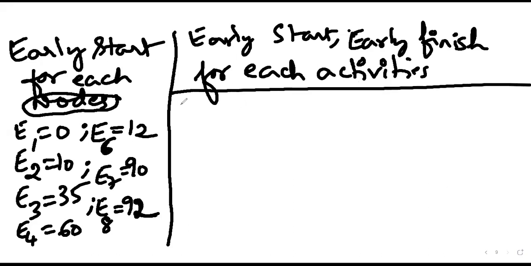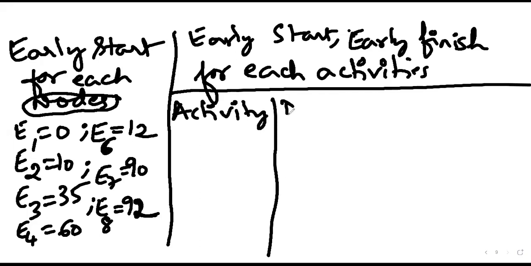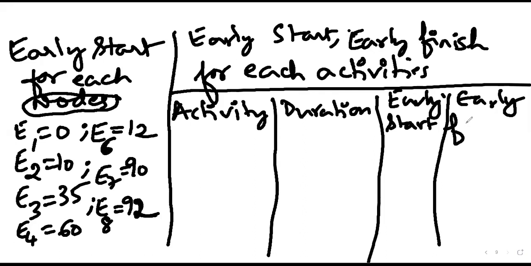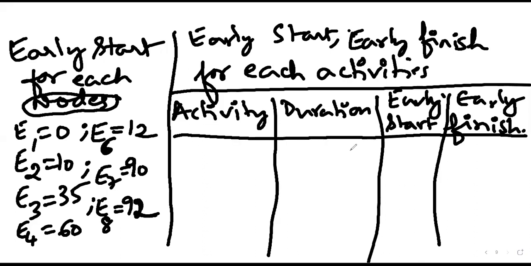So the different columns required are activity, duration, early start, and the early finish. These are the different parameters required.